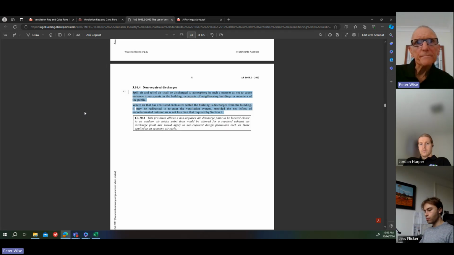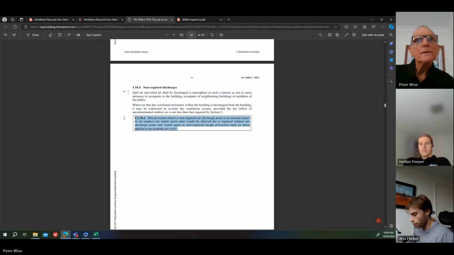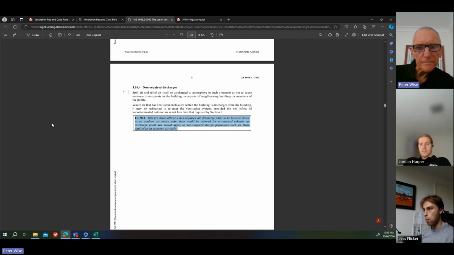You can go and read all that, but if you look at the commentary, this provision allows a non-required air discharge point to be located. When they say non-required air discharge, it's not a required exhaust system, okay? It's just a relief air system. You're getting rid of the air because you're bringing more air in.